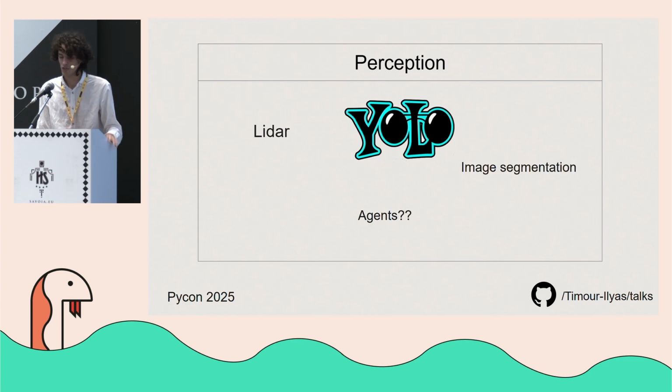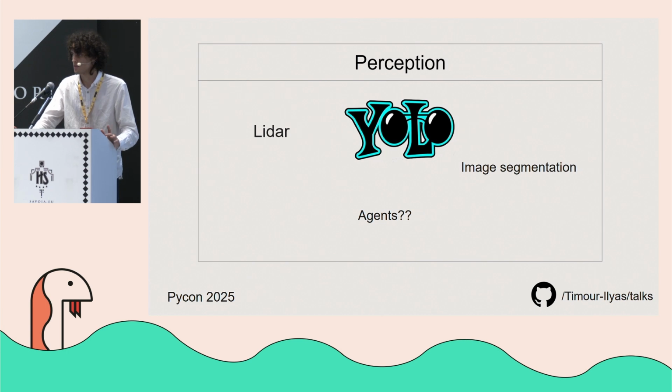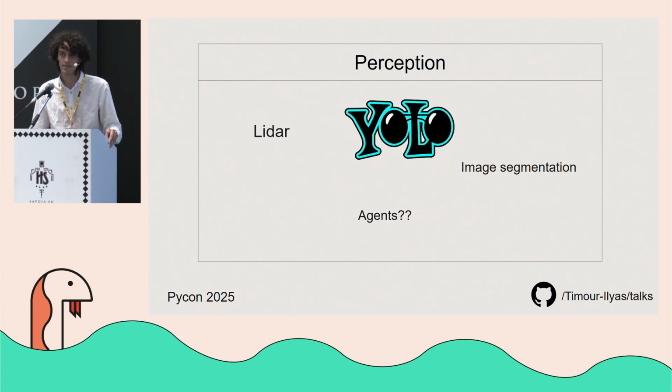But of course, we can solve this task with other kinds of models. For example, image segmentation. The simplest is UNet, but it's of course slower. Or strangely, even agents, because I've been in many conferences and talks in Berlin related to autonomous driving, and I can say that more than one person told me that in their companies they are building a perception solution using AI agents, so using an LLM.